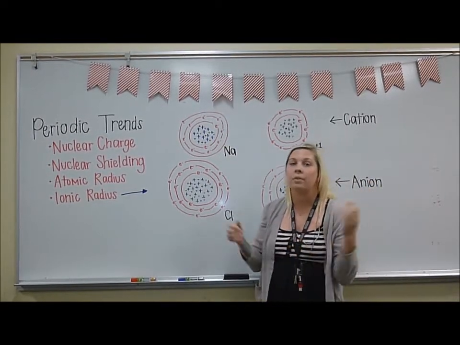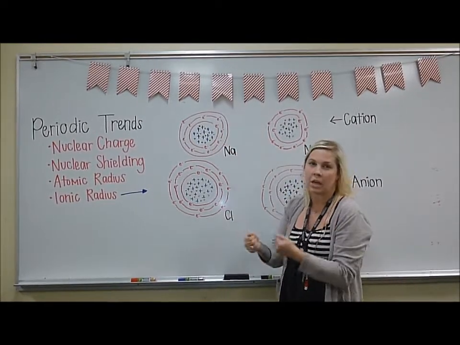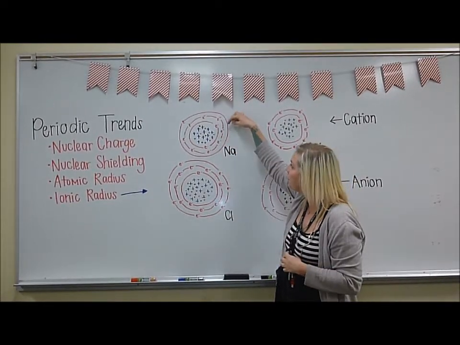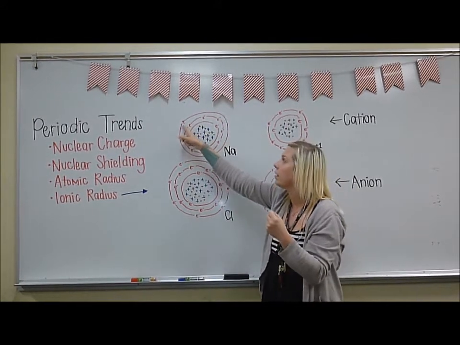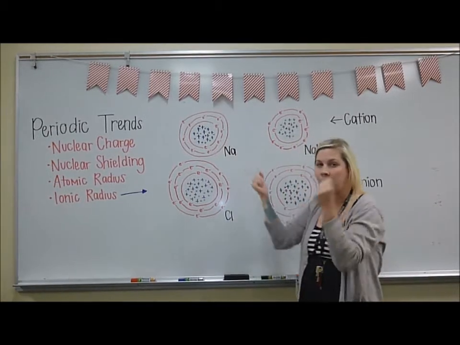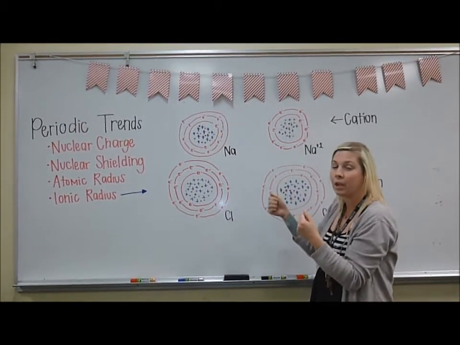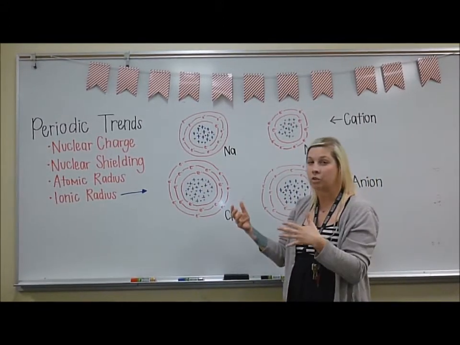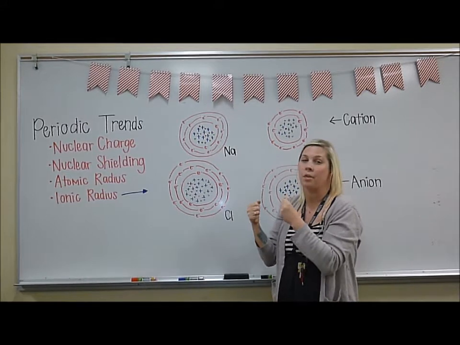And if we're thinking about that nuclear charge and that tug of war, that pull from the nucleus with the electrons, this one has to go through 3 energy levels to pull that outer electron in, okay? So we have that nuclear charge going in. This one only has 2 energy levels to pull in, okay? So it has fewer electrons than this one does, so it has a greater pull on those electrons.